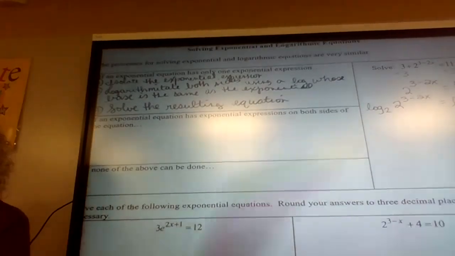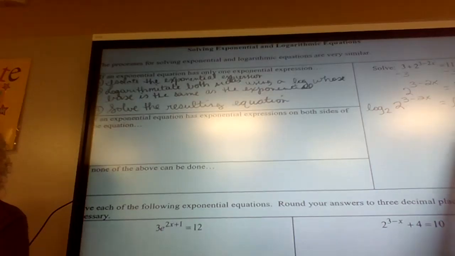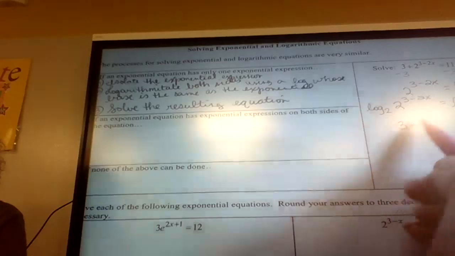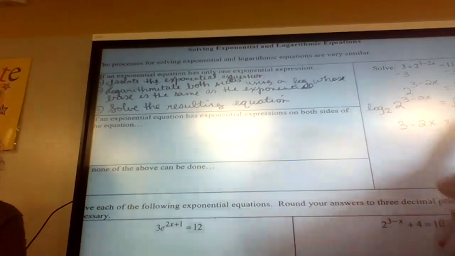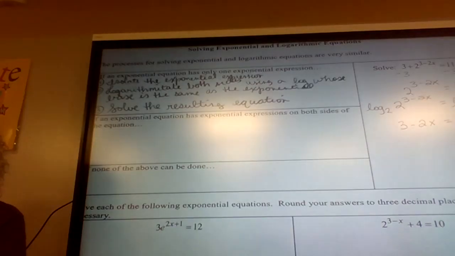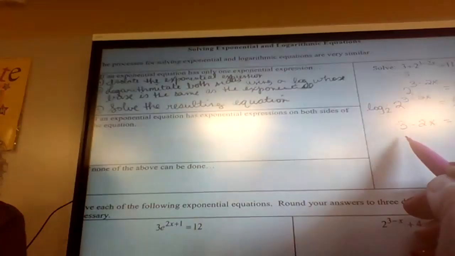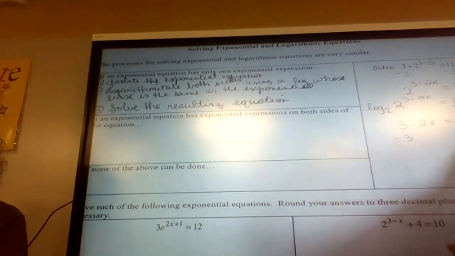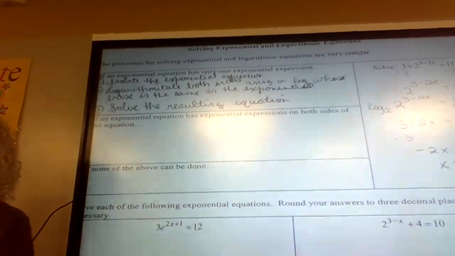Well, this one's particularly friendly because I know what log base 2 of 8 is, right? 3. So I'm left with 3 minus 2x equals 3. Minus 3, negative 2x equals 0. X is 0.